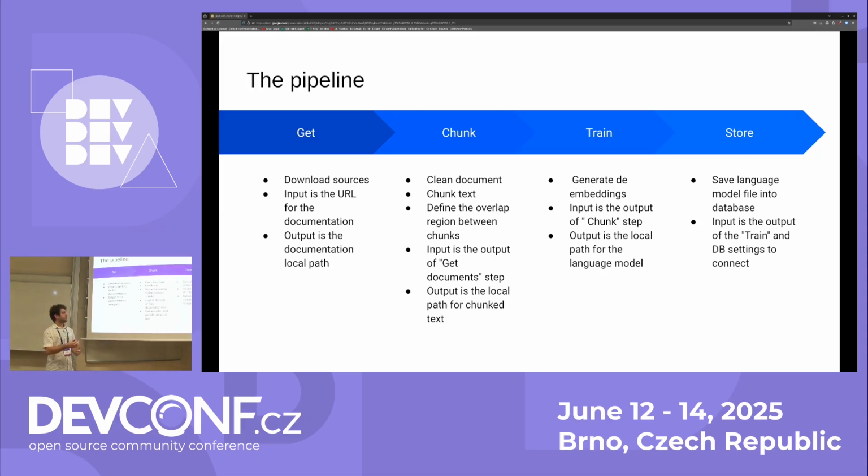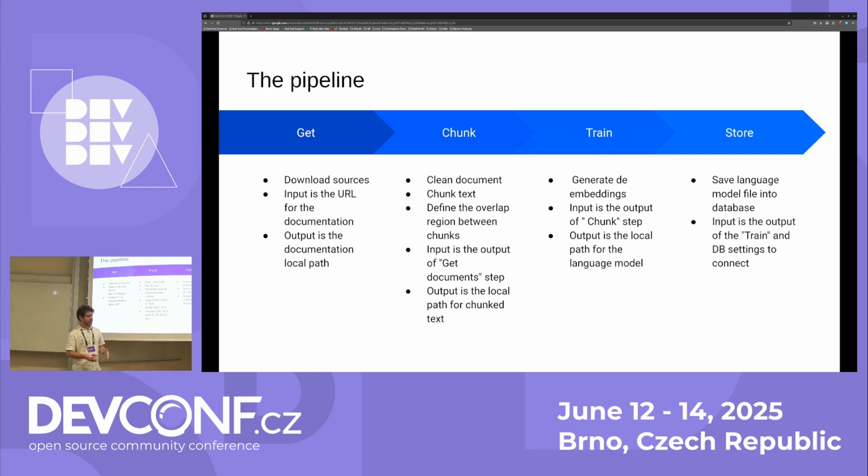When I train it locally, it usually takes about 1 hour, but this time can vary according to your computational resources. The output here is the local path for the language model, which is the embeddings.